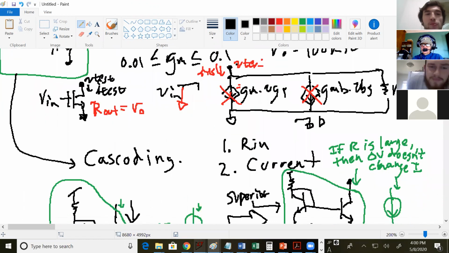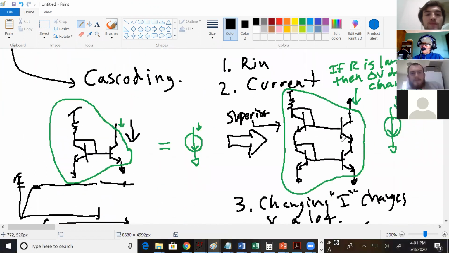Current mirrors are the second. If you cascode, remember when it was just a single transistor, this looked like RO. Now it looks like RO R pi times GM. And what that means is saying, oh, this looks like it has a big R, that just means the current doesn't change very much even if you change that voltage. So the bigger the resistance, the better the current source.